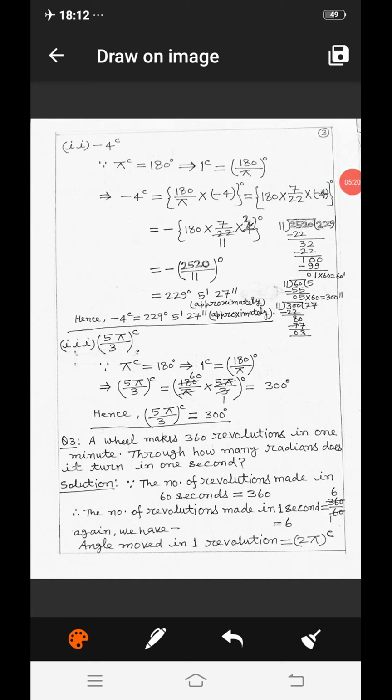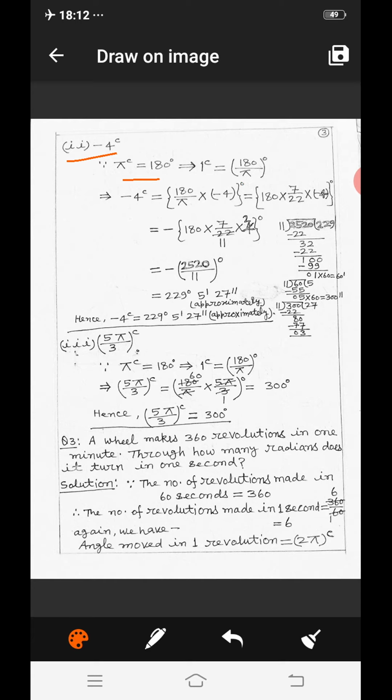Second part is minus 4 radian. Since pi radian is equal to 180 degree, it implies that 1 radian is equal to 180 by pi degree.